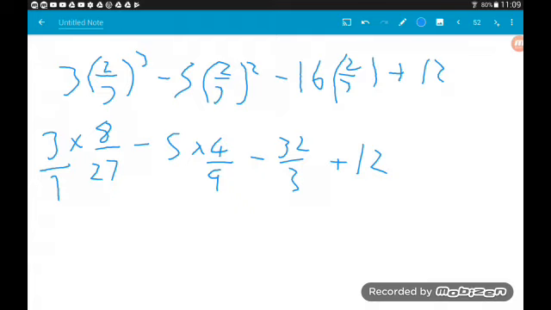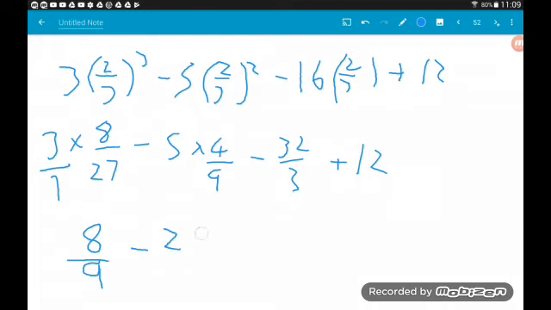There's going to be a common factor on top and bottom of 3. So 3 times 8 27ths is actually 8 ninths.